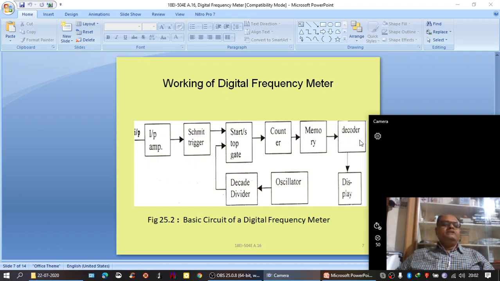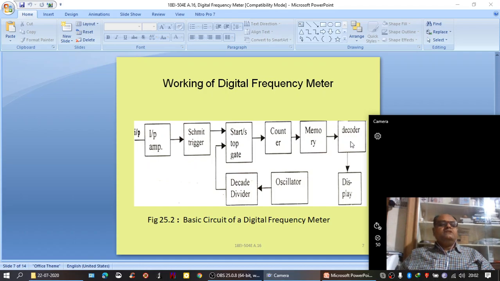Depending upon the requirement, if binary data is given, then we use a binary to 7-segment decoder. If BCD data is given, then we use a BCD to 7-segment decoder. If the counter output is hexadecimal, that is, of 16 digits, then we use a hexadecimal to 7-segment display decoder. So depending upon the application, we have to design the decoder here. It would be built by the manufacturer anyhow.